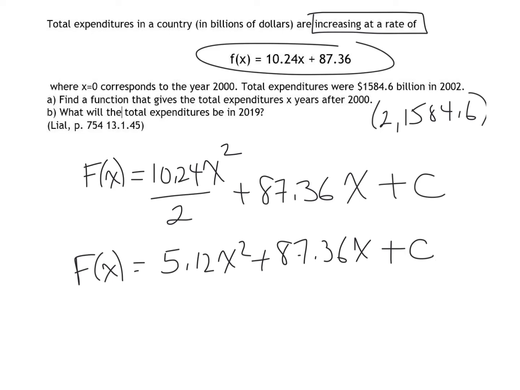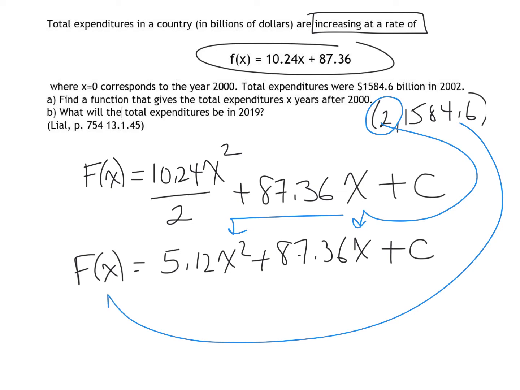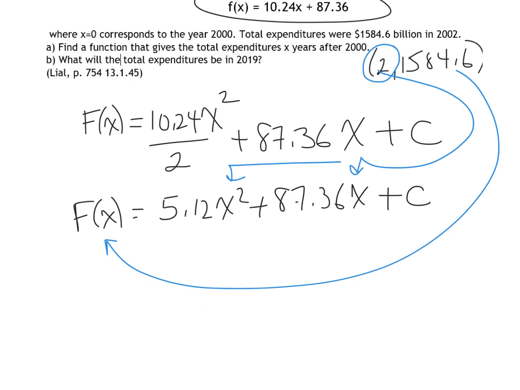And then we take 2 and we substitute that value in for the x values, and the 1,584 we substitute for the f at x, or the f at 2. Yeah?